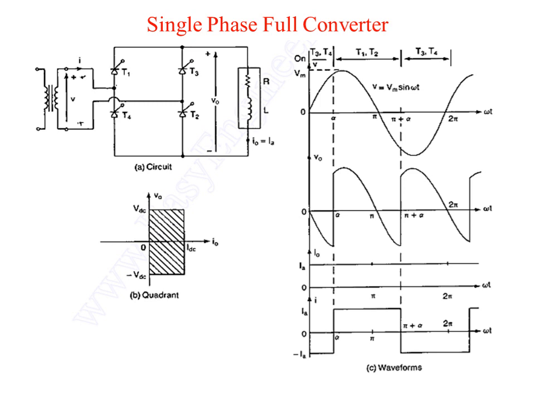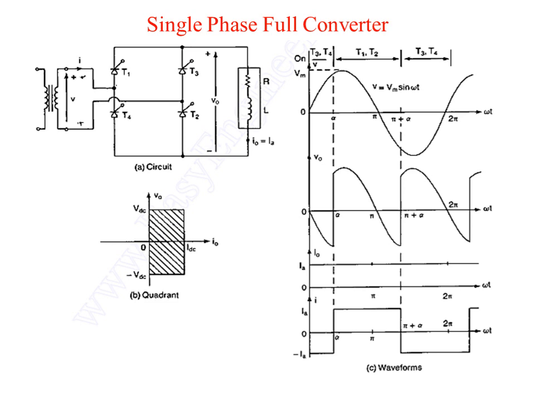Figure B shows the region of converter operation, and figure C shows waveforms for input voltage, output voltage, input and output current respectively.